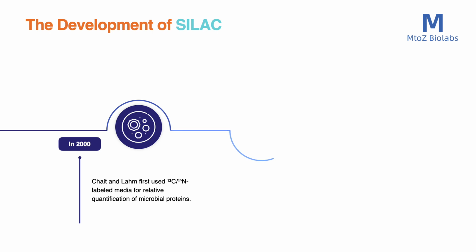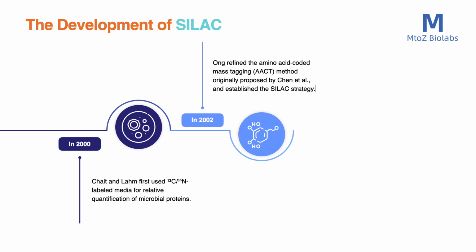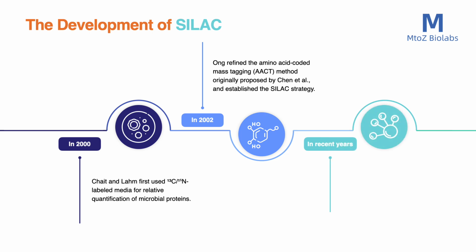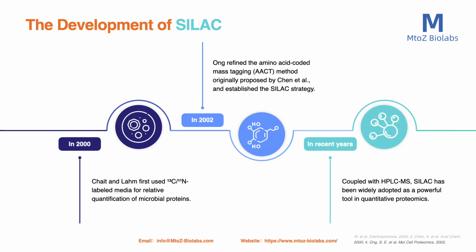In 2002, Ong refined the amino acid-coded mass tagging approach originally proposed by Chin, leading to the formal establishment of the SILAC method. In recent years, the integration of SILAC with HPLC-MS has made it one of the most effective tools for quantitative proteomics. SILAC is now widely used in both functional protein studies and large-scale differential protein expression analysis.